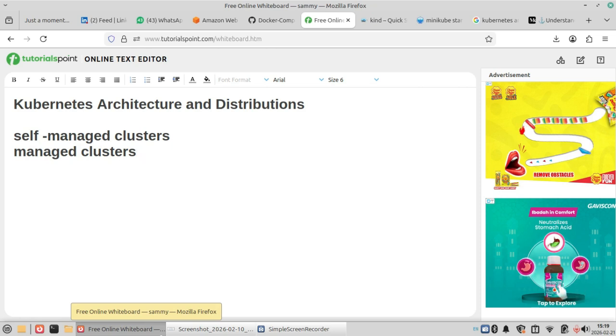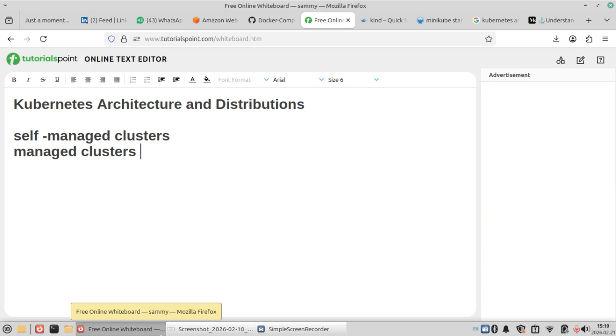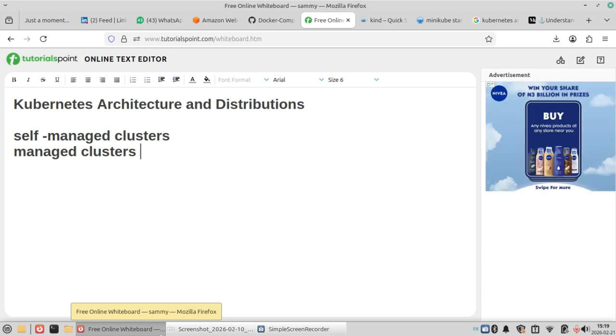Now, in self-managed clusters, you are responsible for everything. That means you manage the control plane machines, you manage the upgrades, you manage the certificates, you manage backup of etcd, you manage high availability, and of course, you manage the node lifecycle.